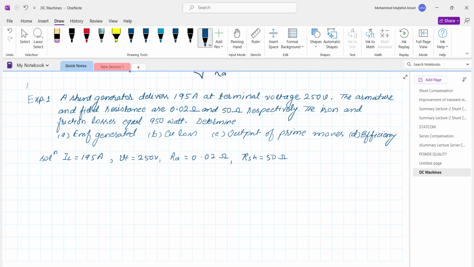So if you draw the circuit diagram, it becomes easy.